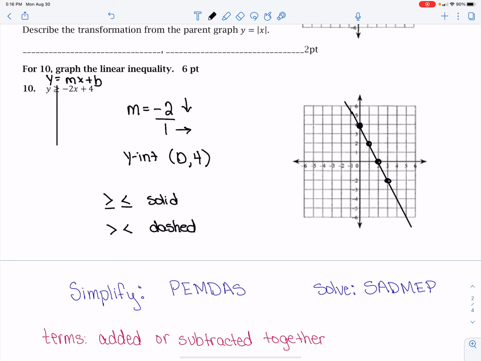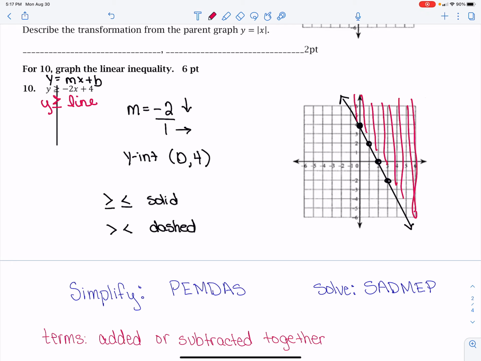And then remember to put an arrow at both ends. So if we're saying y is greater than or equal to, it's going to be a solid line. And this is where we have y is greater than or equal to the line that we graphed. So if y is greater than, that means it's any value that's above the line. So we would shade everything above the line.